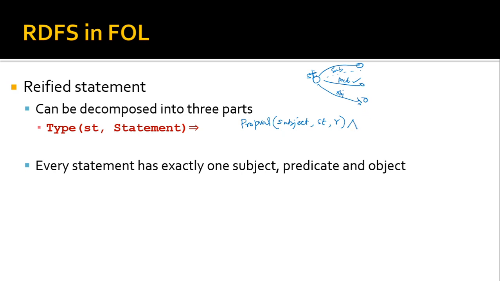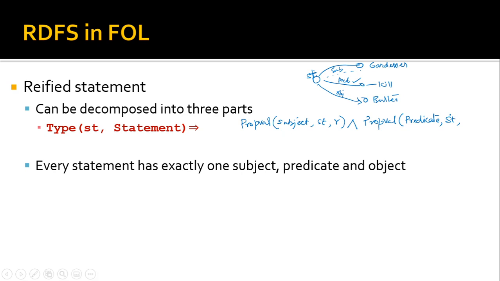And let us focus on this predicate. Prop val predicate, then ST, and here you will be having some values. So for example, this is your gardener, this will be your, say, butler, right?